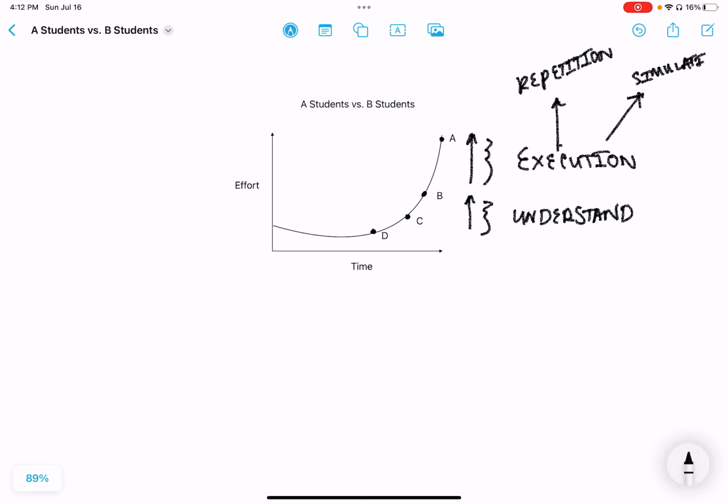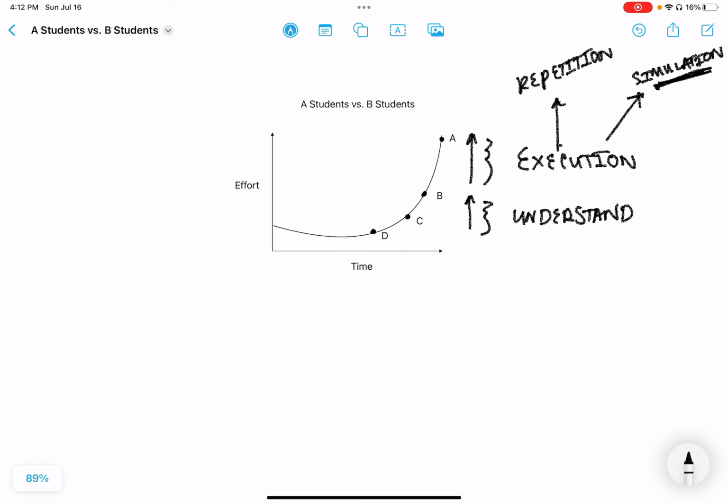You're simulating real testing conditions in terms of intensity, in terms of pacing, in terms of accuracy, in terms of timing. All of these things are replicated in terms of your study habits.